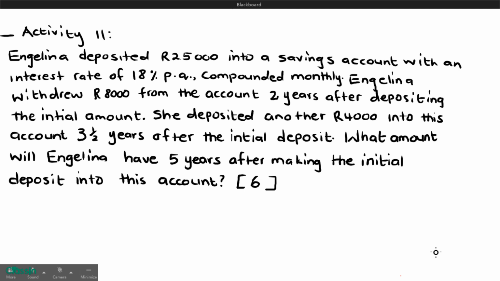Okay? Now, if we stop here, normally I always stop after the first full stop. That is my stop. Because I'm stopping here, it means that I need to know this 25,000 is invested for how many years?